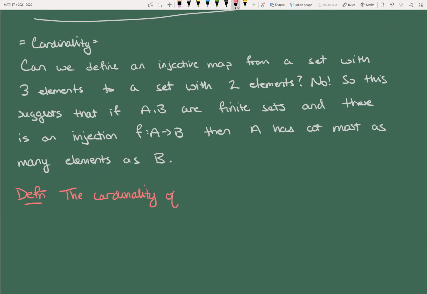The cardinality of a set, let's give the set a name, S, is the number of elements in S, denoted like the absolute value of S. Some people use a different notation, but this is fairly standard.